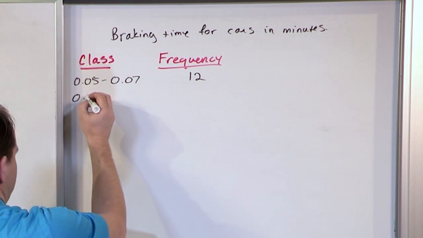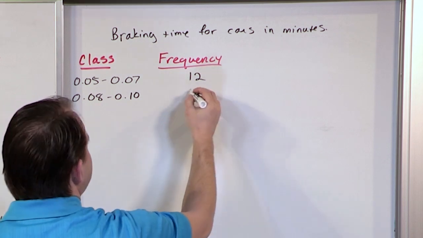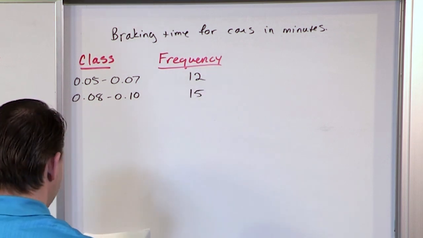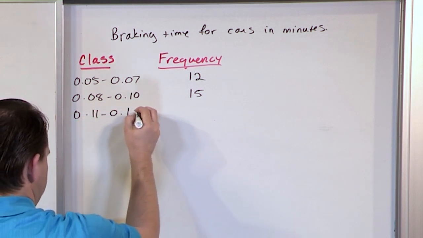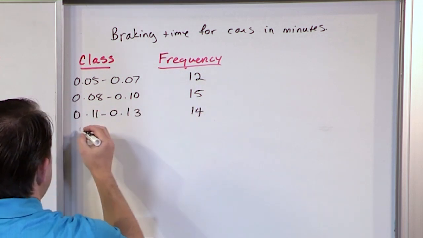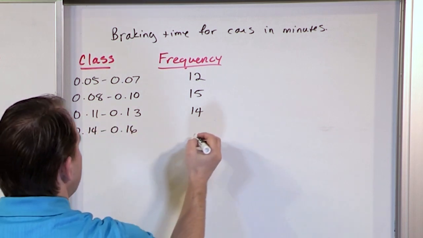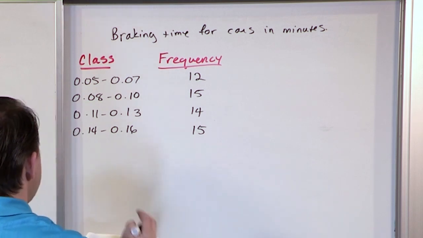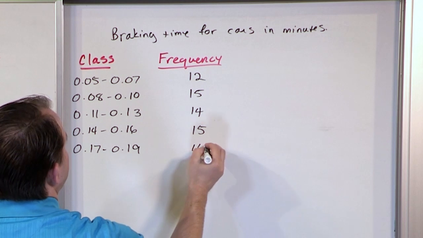From the class 0.08 to 0.10, we have 15 cars that are able to stop there. Then we have 0.11 to 0.13, we have 14, and then we have 0.14 to 0.16, we have 15, and then we have 0.17 to 0.19, we have 14.